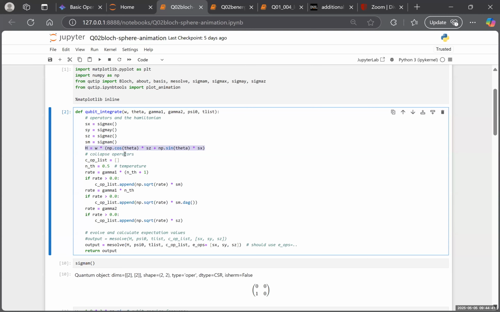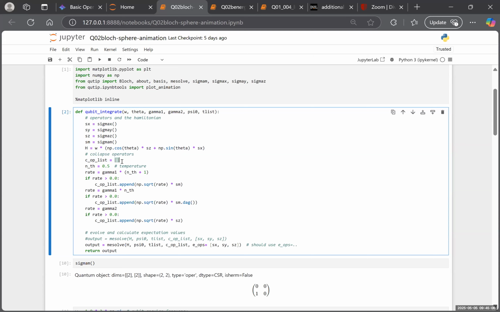So you can see that this is cosine theta times sigma z, plus sine theta times sigma x. Okay, so it's in the xz direction. You have this overall strength W, which is one of the input parameters. The c operator list is the jump operator list.